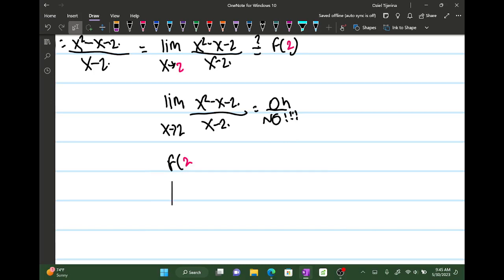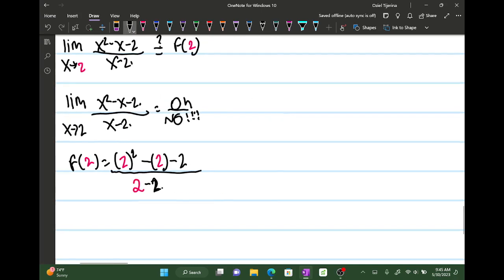If we evaluate the point on this expression here, we're going to say f of 2, and we're going to do the quantity 2 squared minus the quantity 2 minus 2, over 2 minus 2.